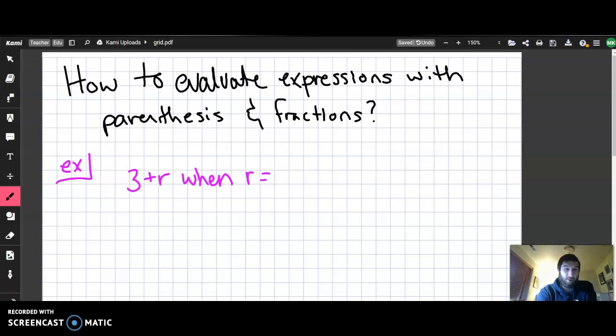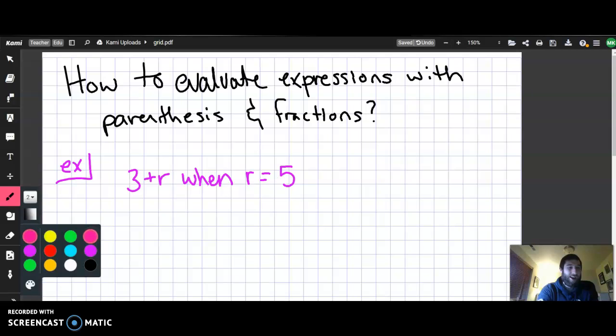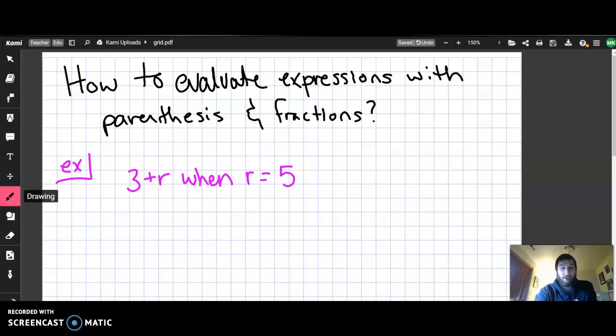r is equal to 5, now we can do something with this. Our variable, which was an unknown, now has a value. And remember, anytime there's that equal sign, the way we can say that out loud in English is to say that r is 5.